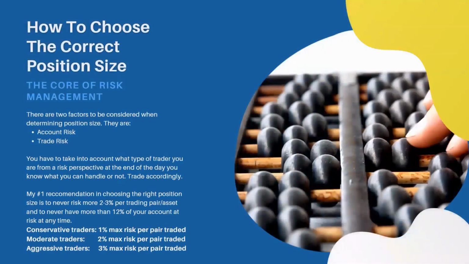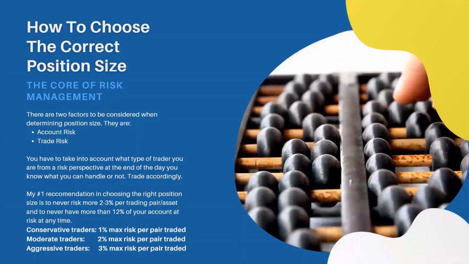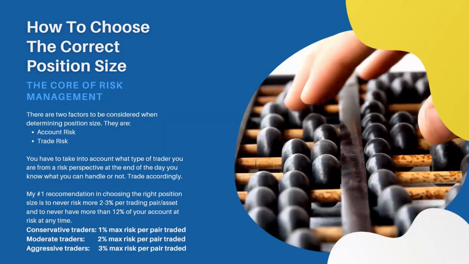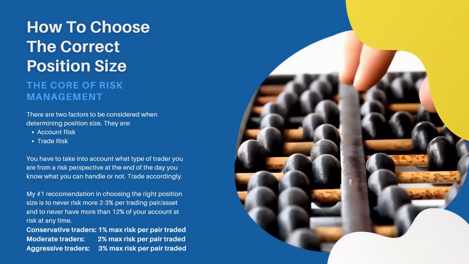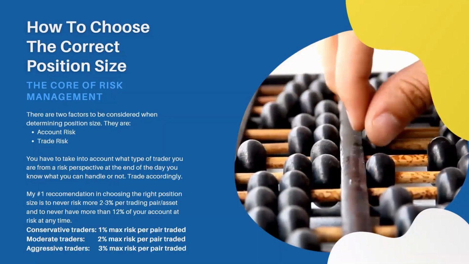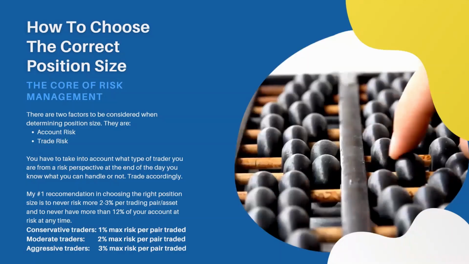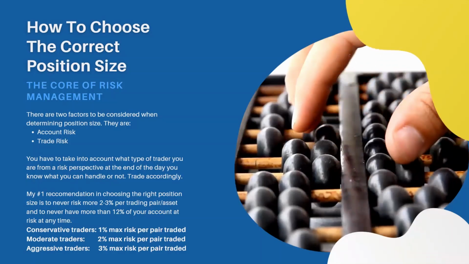So how to choose that correct position sizing. The core of risk management is what this is. There are two factors to be considered when determining position sizing. They are account risk and trade risk. Now you have to take into account what type of trader you are from a risk perspective. At the end of the day, you know what you can handle or not. Trade accordingly.